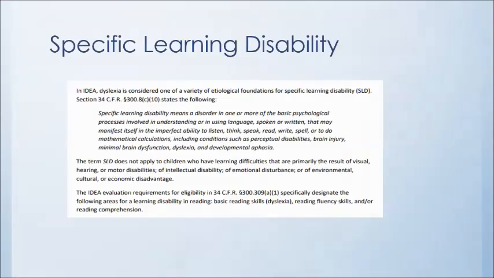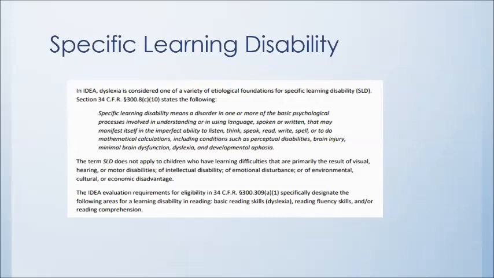speed. I would like to review the specific learning disability if the child happens to be referred for an evaluation under IDEA. In this case, IDEA indicates that dyslexia is considered one of a variety of etiological foundations for specific learning disability.